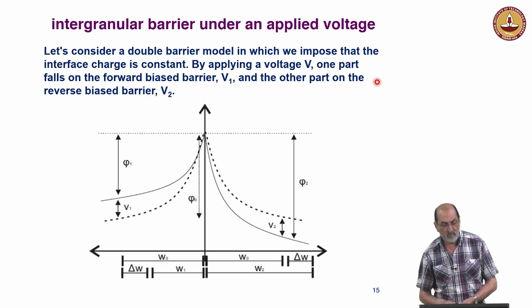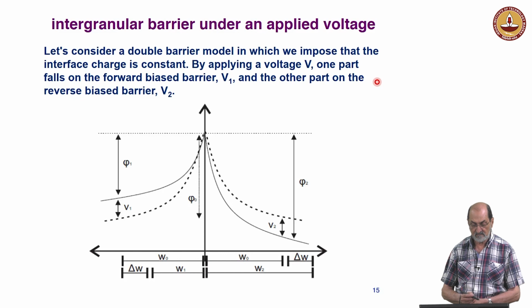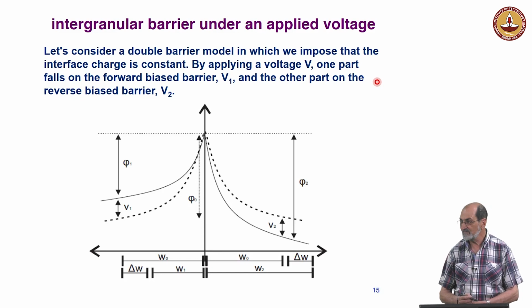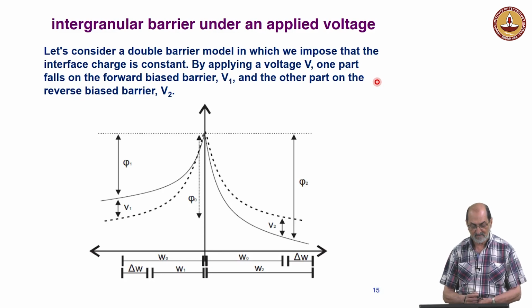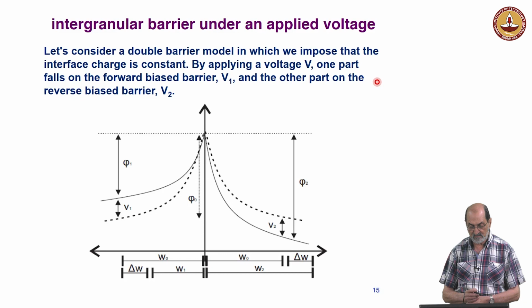Well, what happens when we apply a barrier potential? People don't agree even on this, where the voltage drops, on the left barrier or the right barrier. People don't agree how that applied potential is distributed.